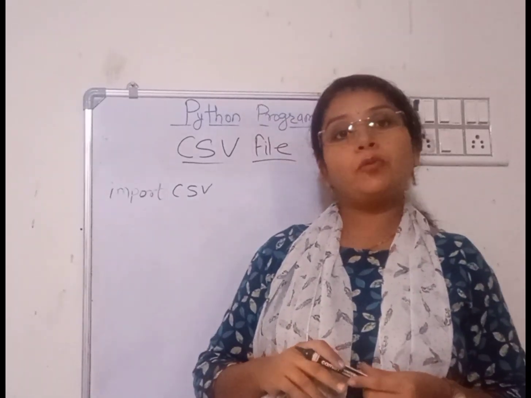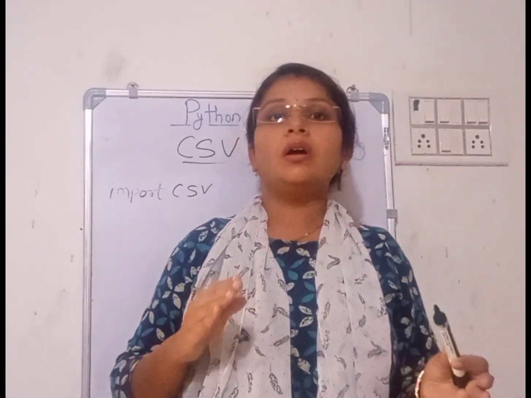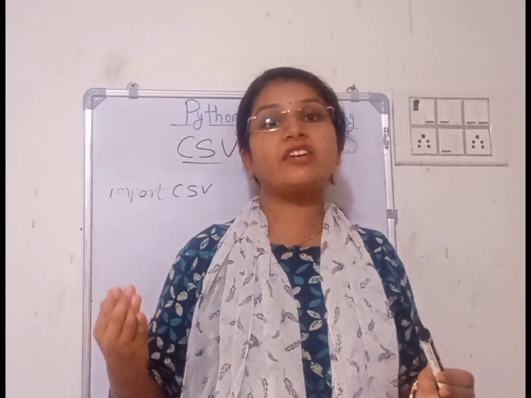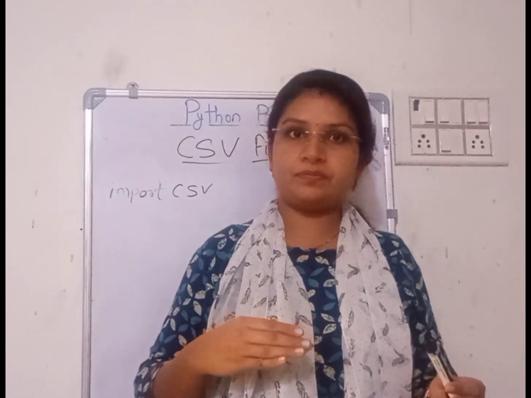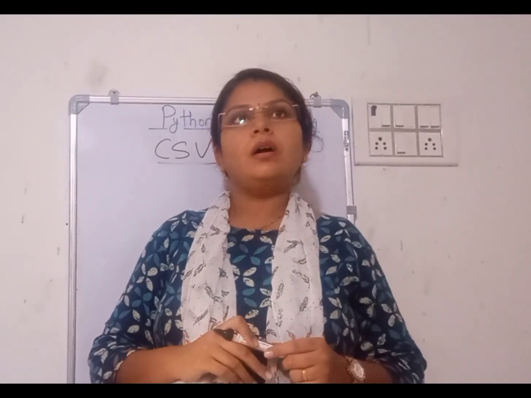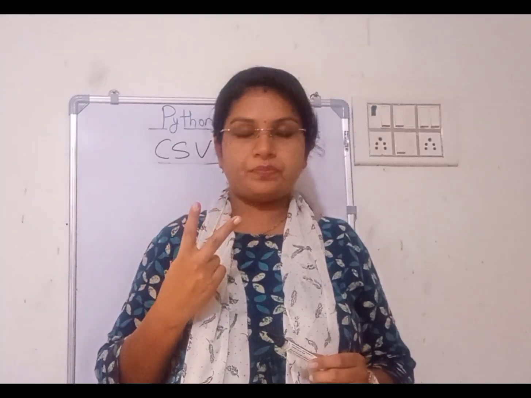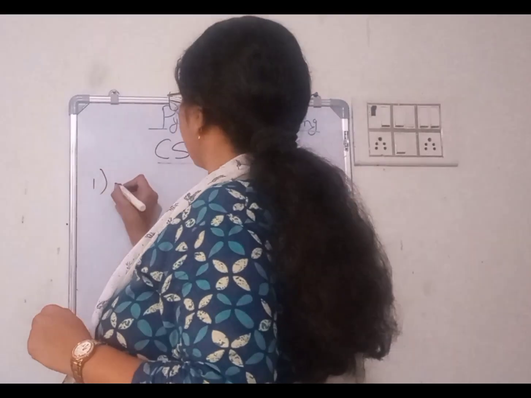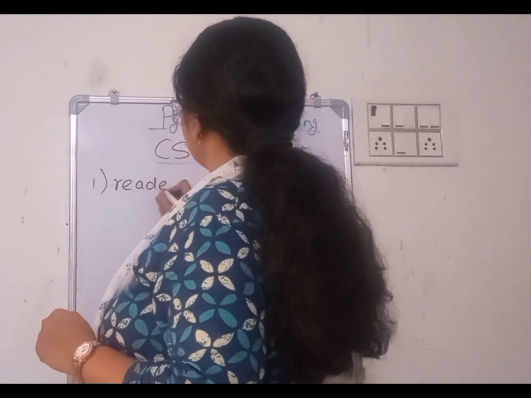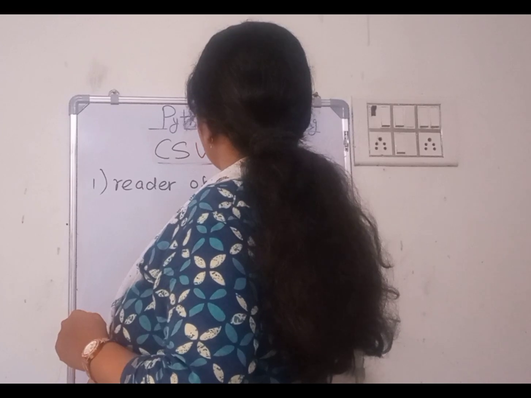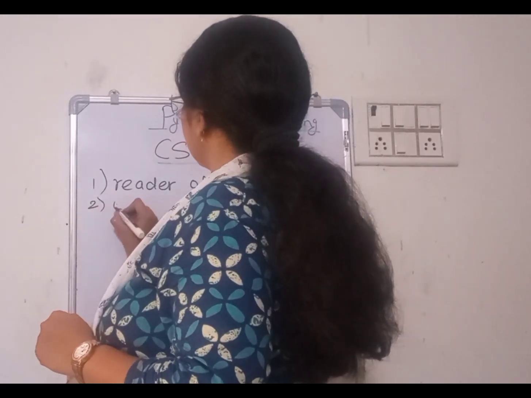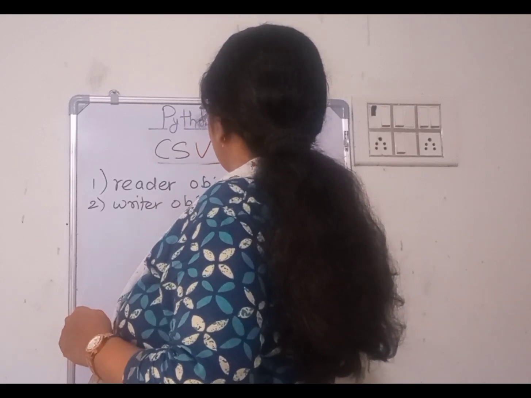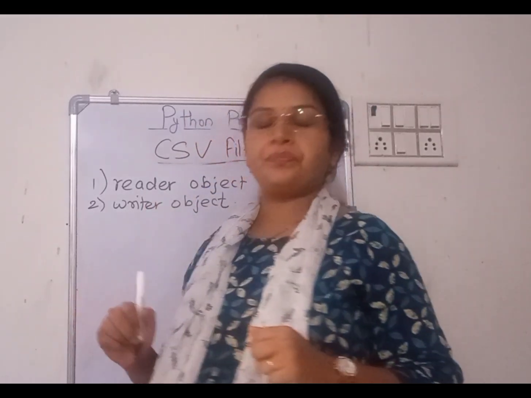Now before starting with the program, first we'll understand how this process works and what the different objects of CSV files are. In a CSV file, we need to create two objects. First is the reader object and second is the writer object. Now what are the reader and writer objects?